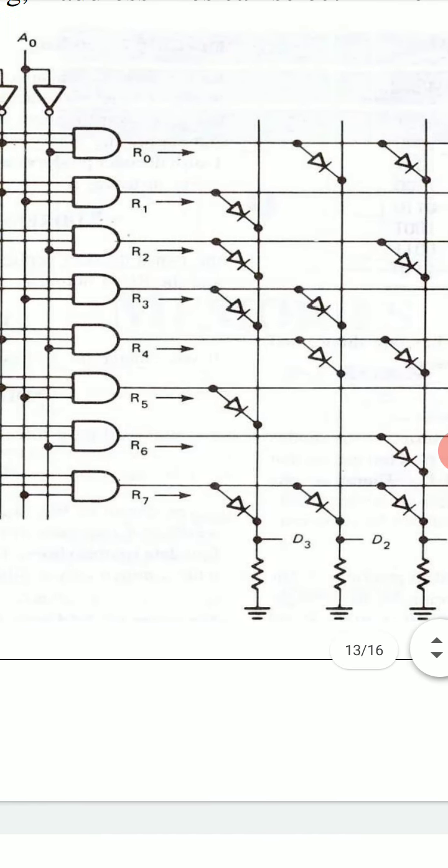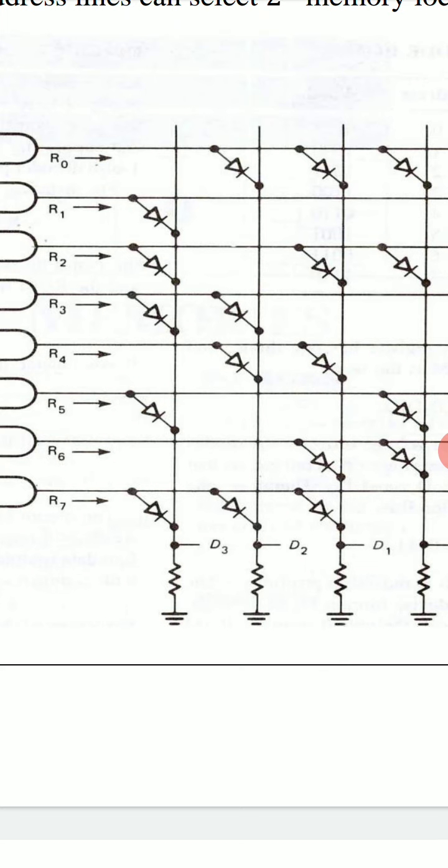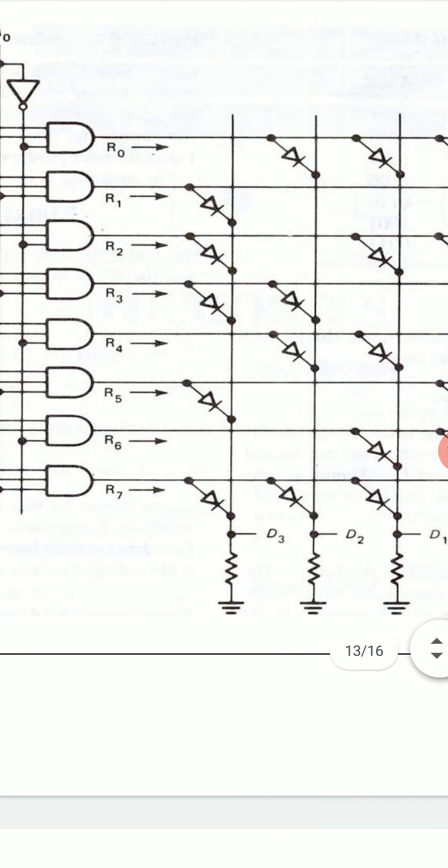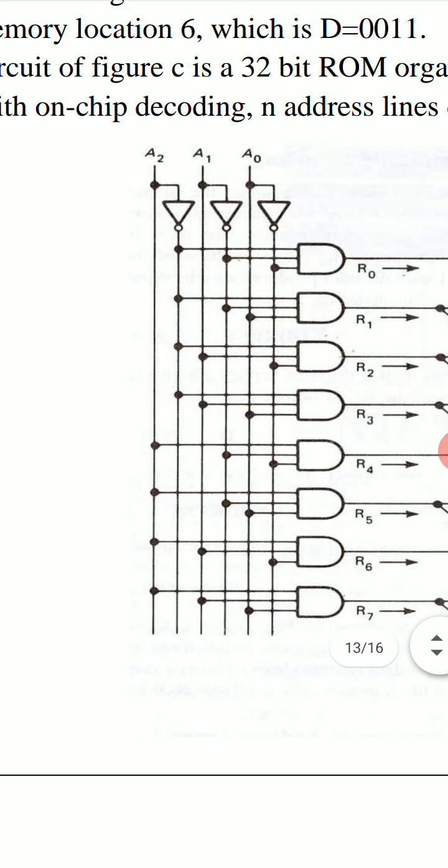This also has 8 horizontal lines. These are 8 registers R0, R1, R2, R3 up to R7. And in place of switches, we have these lines A2, A1, A0 and their complements A2 bar, A1 bar, A0 bar.